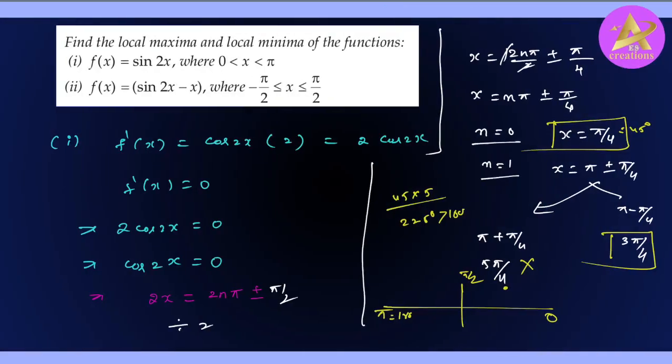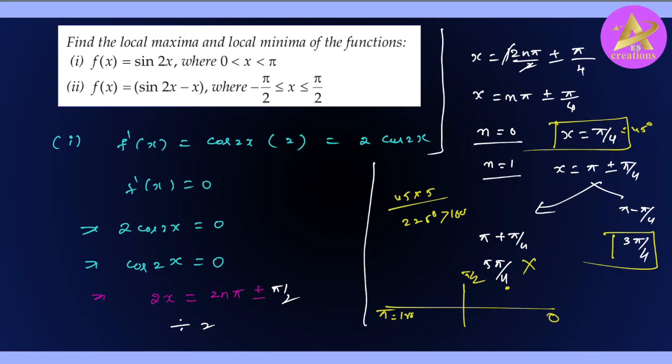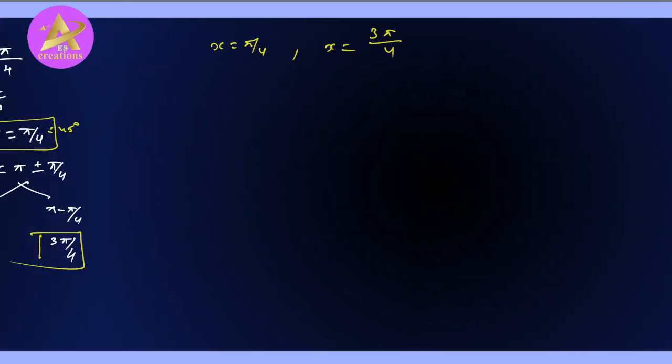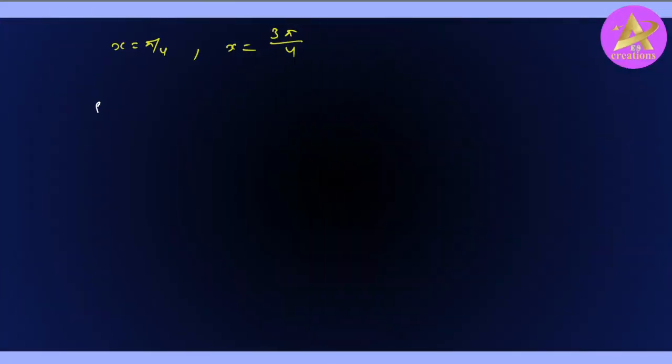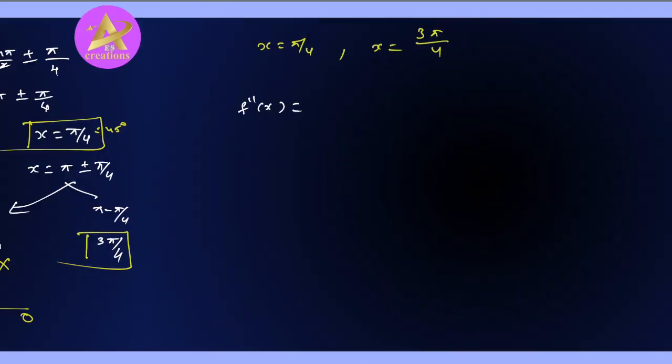Now we have to check whether these points give local maxima or local minima. First we have to find the double derivative again. f double dash of x, what is it?